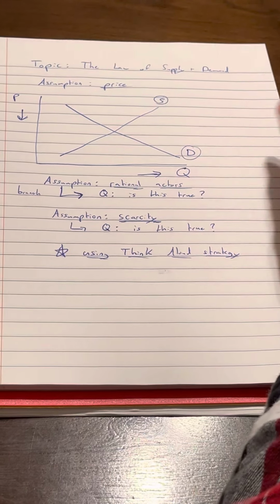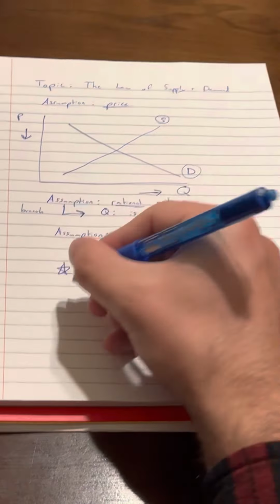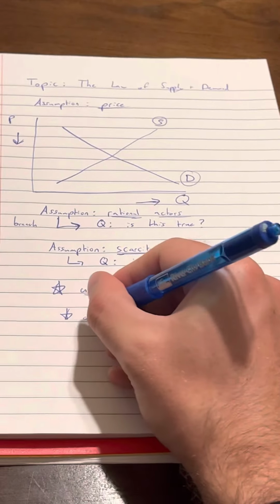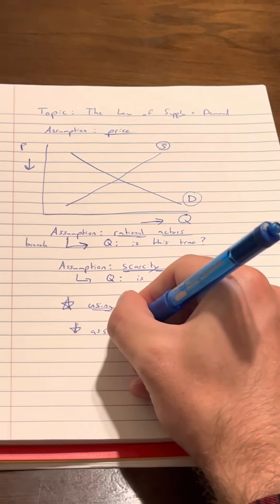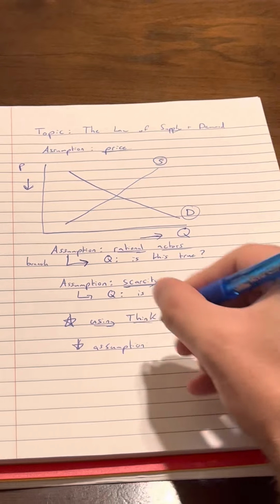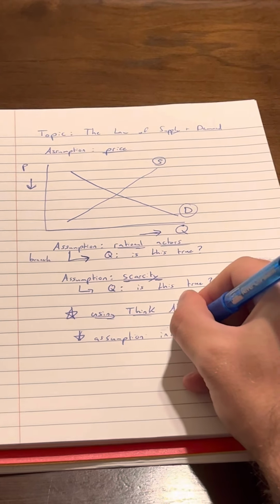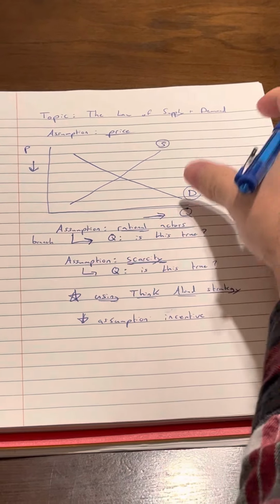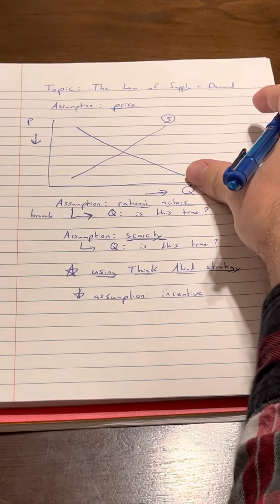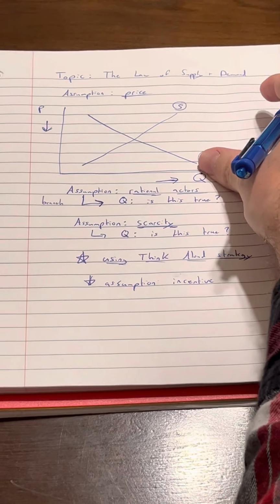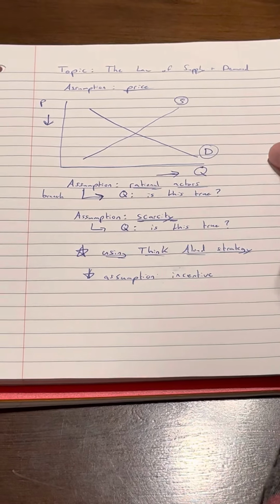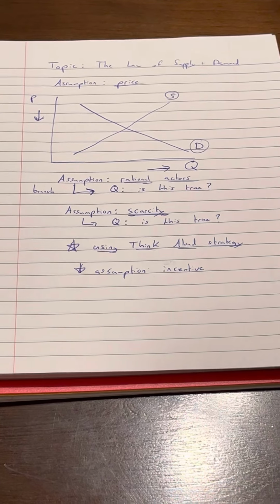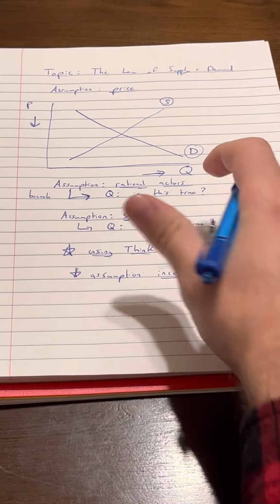So another key assumption in economics is the idea of incentive. With the idea of incentive, people are motivated by money, which is one of the things they desire. Of course, people desire many other things as well, but this is just one of them.